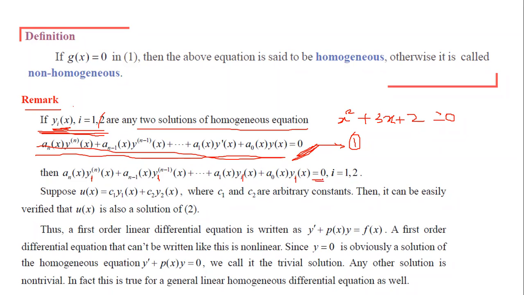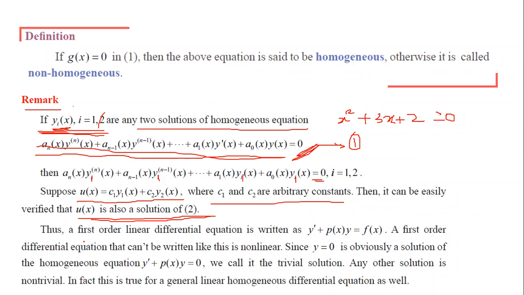When it is satisfied, then it is called the solution. Suppose u of x equals c1 y1 of x plus c2 y2 of x, where c1 and c2 are arbitrary constants, then it can be easily verified that u of x is also a solution of this equation.